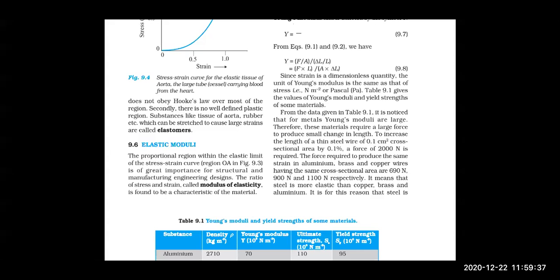Now children, your modulus of elasticity. We saw in Hooke's law that stress is proportional to strain, and on removing the proportional sign, we got a constant, and that constant we named the modulus of elasticity, which is shown with the alphabet E. So this modulus of elasticity is the property of the material, right?